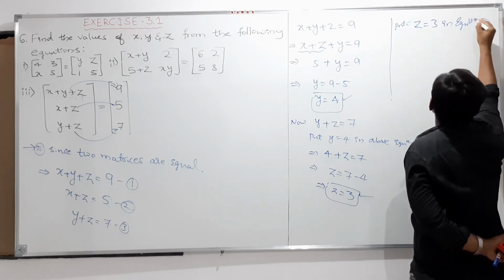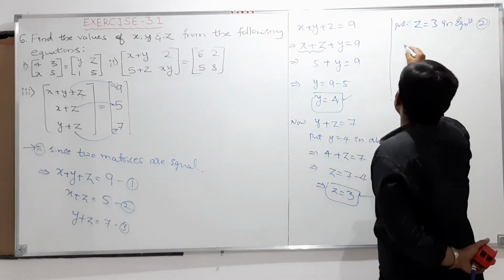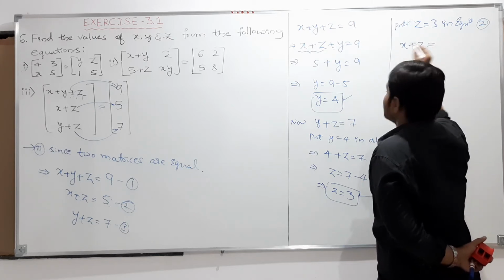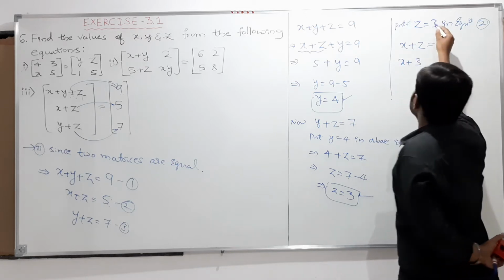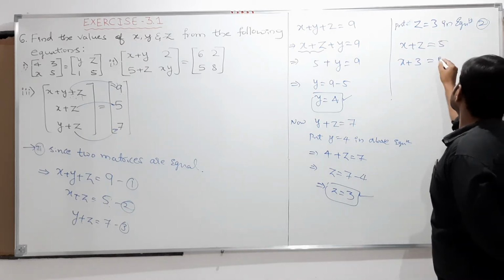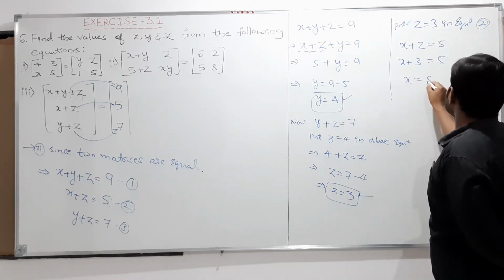That is x plus z is equal to 5, so x plus 3 equals 5, and x is equal to 5 minus 3.